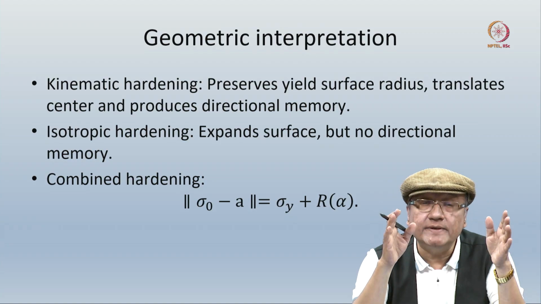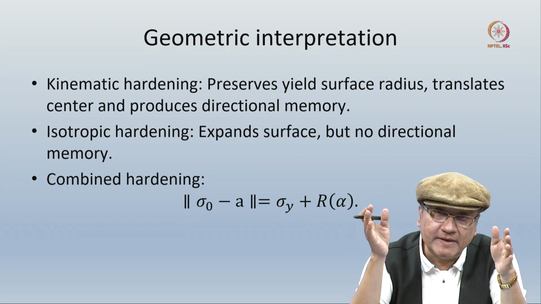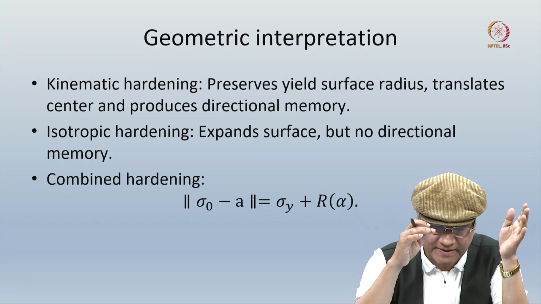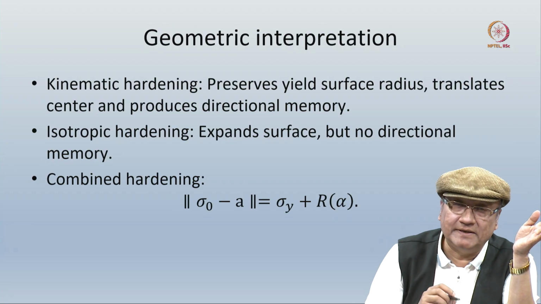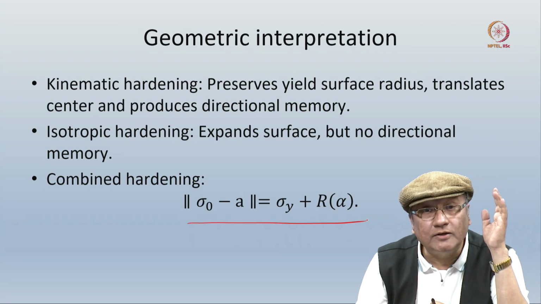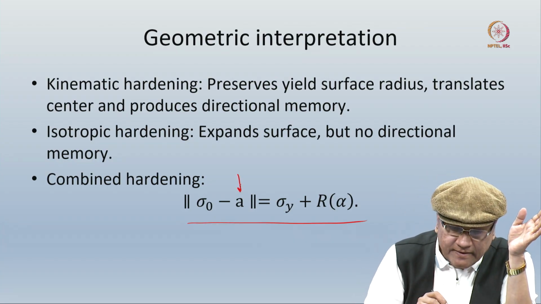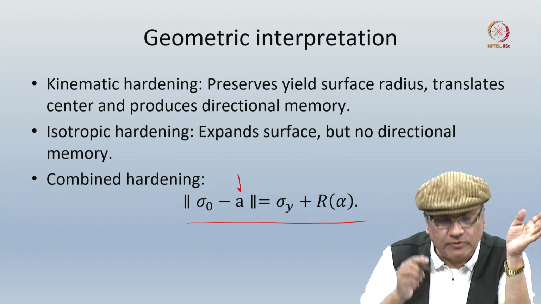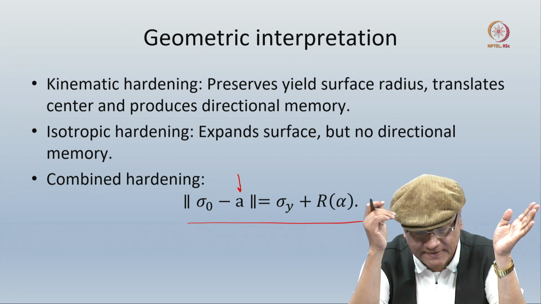Now, in experiments you will typically see both the effects of kinematic hardening and isotropic hardening combined, correct? So the yield surface in combined hardening is given by this equation. You have the back stress effect here, defining your effective stress S on the left hand side, the norm of that.